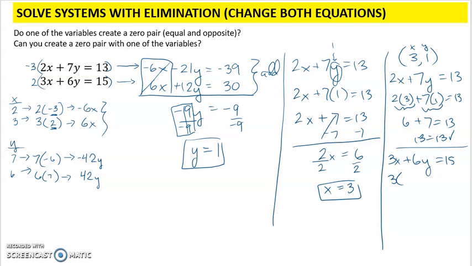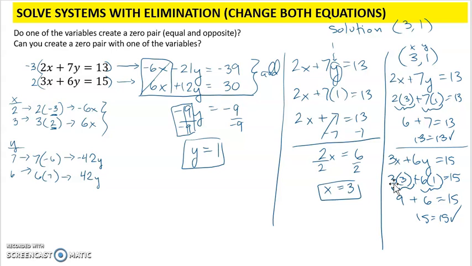Again, plug in. So 3 times 3 plus 6 times 1 is the y value equals 15. Simplify, we get 9 plus 6 equals 15. Hey, that works out. So our solution is in fact (3, 1). That would be the point of intersection.